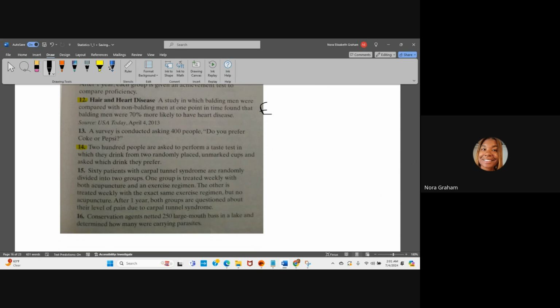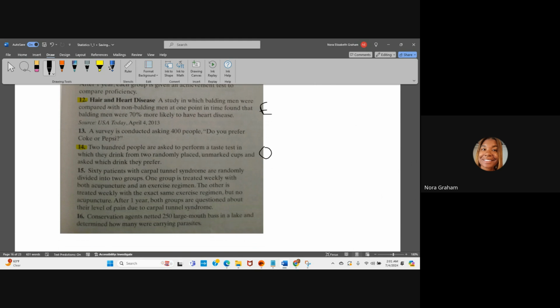So again, it's kind of weird because they say randomly placed and unmarked cups, and then it's random drinks. We don't really have a specified group, right? Since there's not a specified group and they said 200 people and it's just random people, they didn't say if they're women or men or if they are people from New York or Los Angeles. They didn't classify, they didn't put groups. So I'm going to put O for observation.